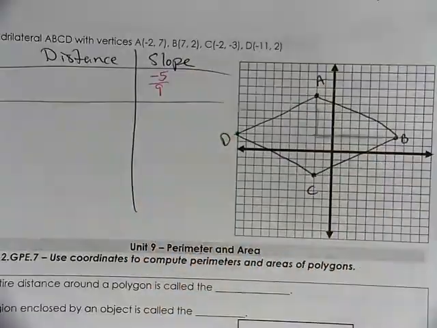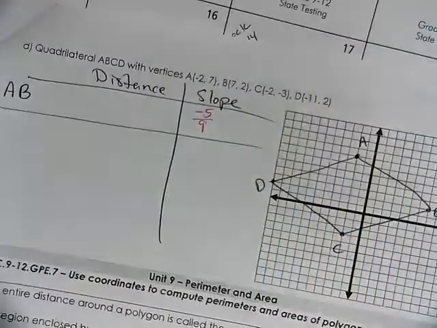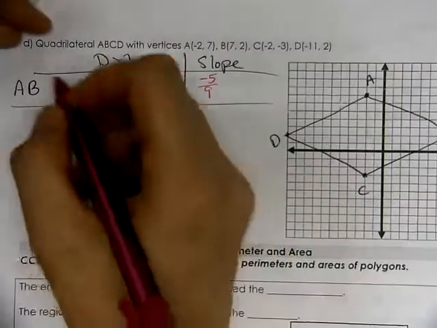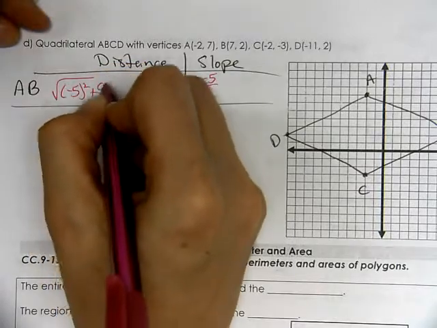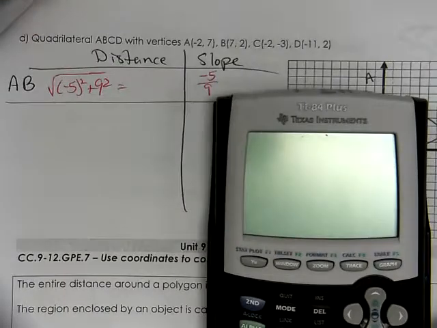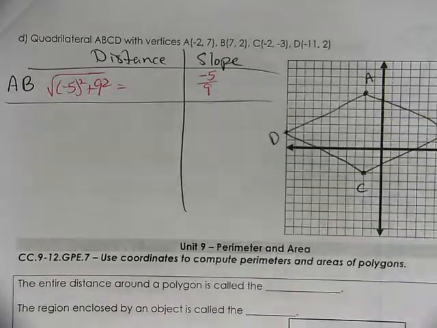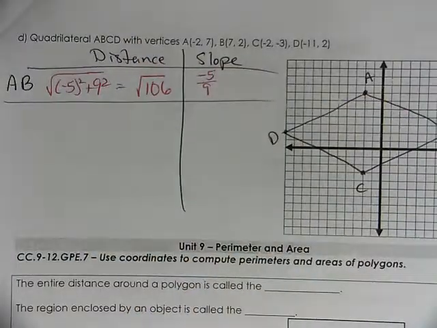So negative 5/9. I can't reduce that. So my distance is negative 5 squared plus 9 squared. So 25 plus 81 is 106. Thank you. So square root of 106.